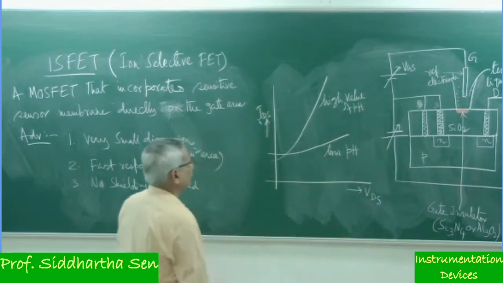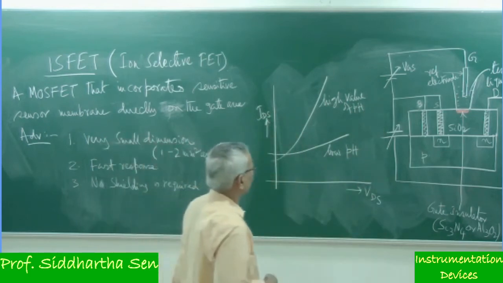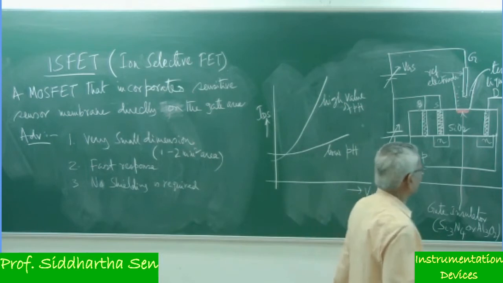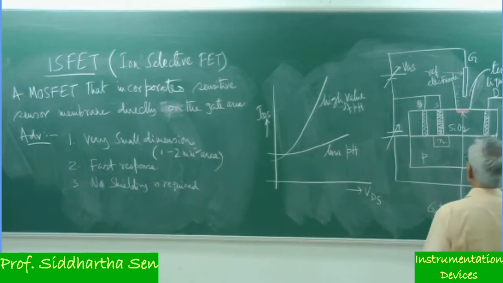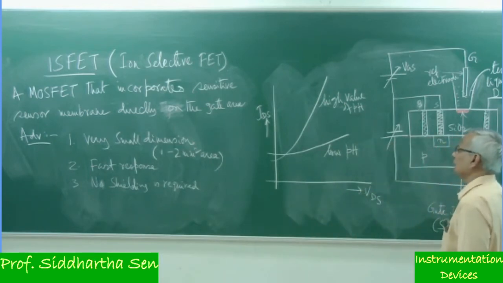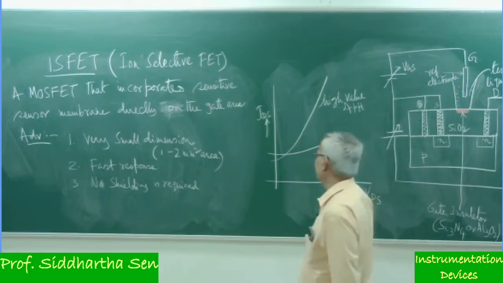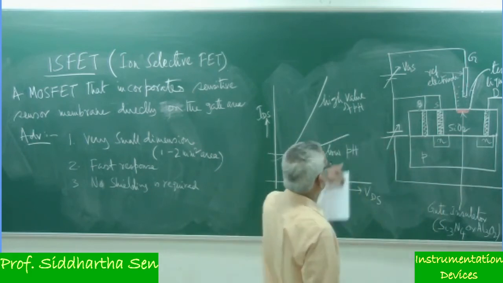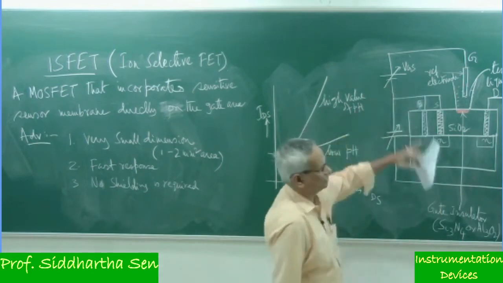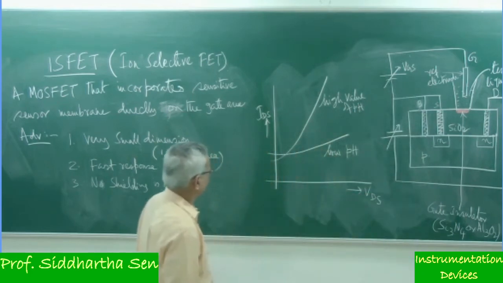So if the pH is high or low, that changes the characteristics of the MOSFET, that is the VDS, IDS characteristics, obviously for a particular VGS. If we change it, the characteristics will also change.